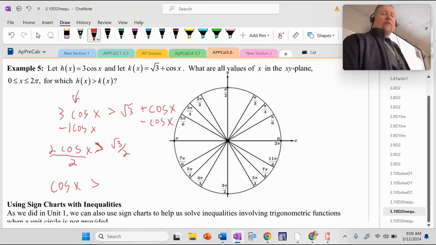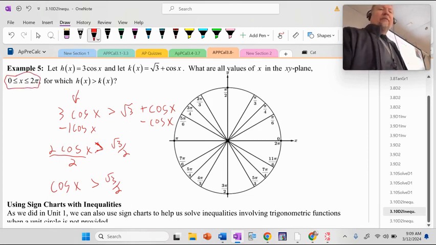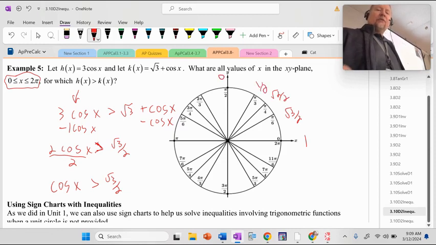Okay, this one's kind of a pain because of the direction, 0 to 2 pi. Okay, remember, 1, root 3 over 2, root 2 over 2, half, 0, negative half, negative root 2 over 2, negative root 3 over 2, negative 1, and then negative root 3 over 2.